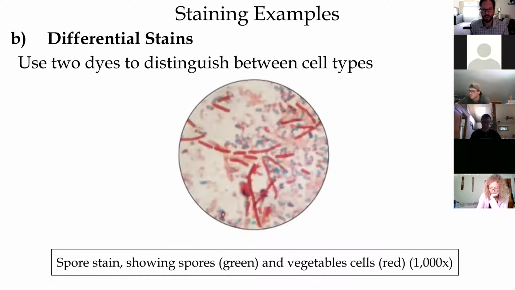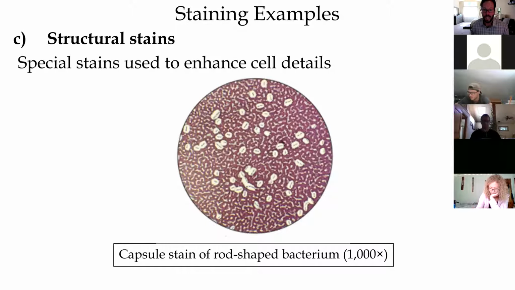Spore staining shows us what stage it's at, whether it's a spore or a vegetative cell. Capsule stain, that's going to be the structural stain, right? The capsule repels the dye, and so you can see the halo.